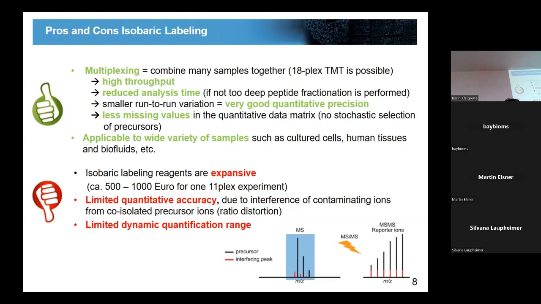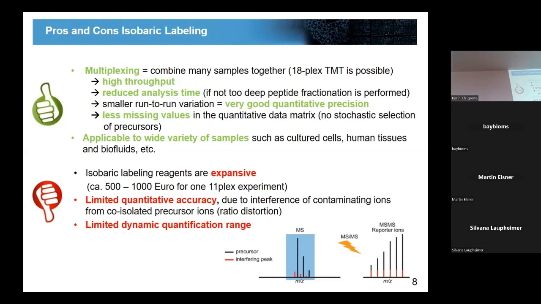So one problem that we have in TMT is that every peptide is labeled with the same tag, right? So if we put our TMT reagent in one sample, every peptide will carry the same reporter ion, the 126, for example.